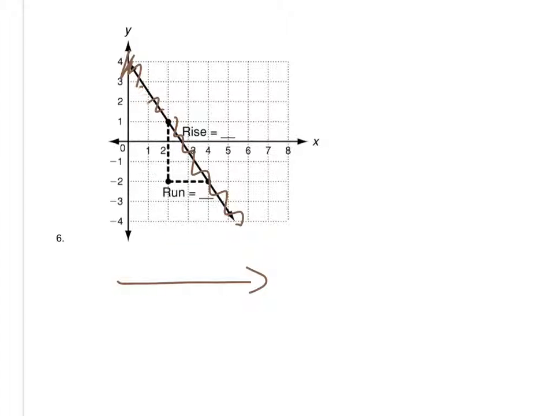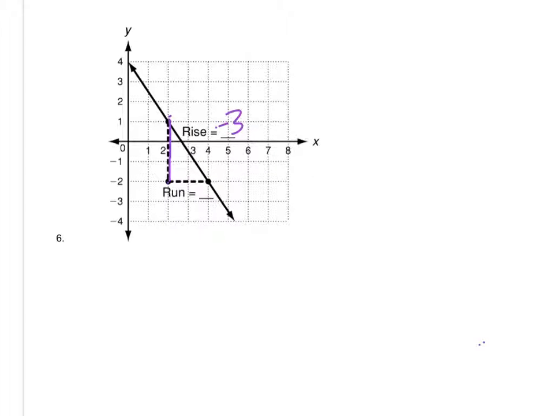So let me go ahead and erase that. And let's just investigate it a little bit more. Okay? Alright, so now let's pick out our rise and run. So here we go. Starting at the furthest left-hand point, the rise means we're going to go down. So we're going to go 1, 2, 3. So we went down 3, so it was a rise of negative 3.